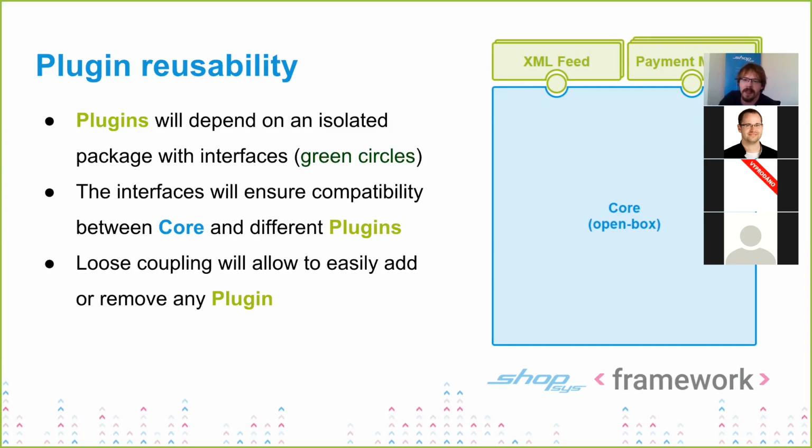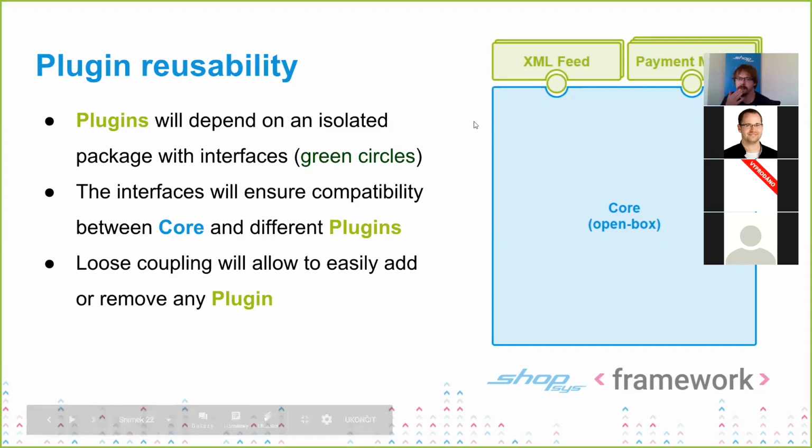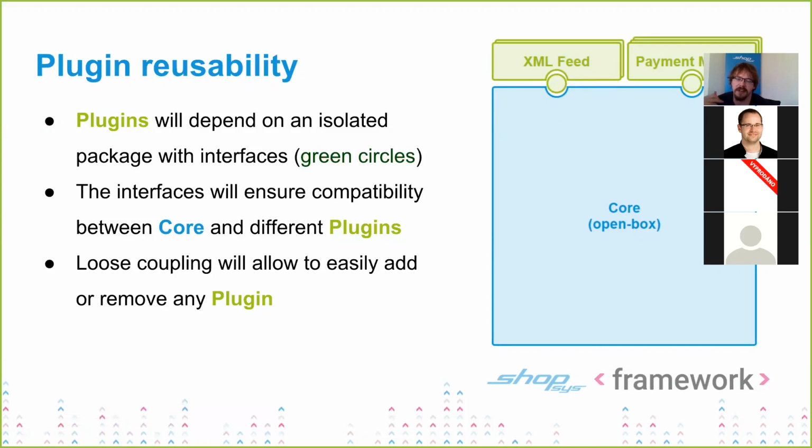It is represented here by the green circle. And the way it works is that your OpenBox core is dependent on the package with interfaces, and it implements some of the interfaces.